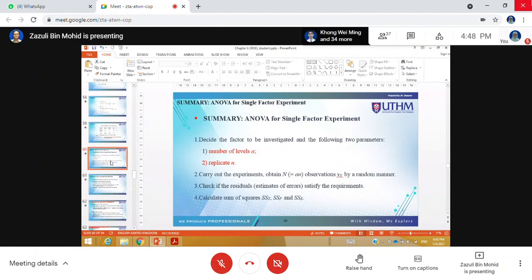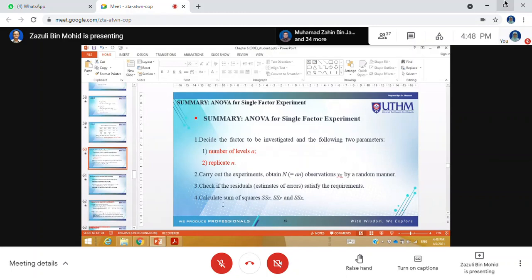It is recommended for you to conduct the experiment in random manner, which means that you don't have to follow the table. You have to jump from one level to a different level, or if you have two factors, you can jump from different factors to different factors in random.